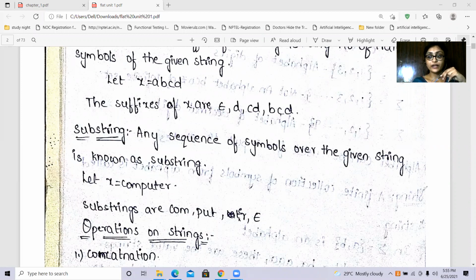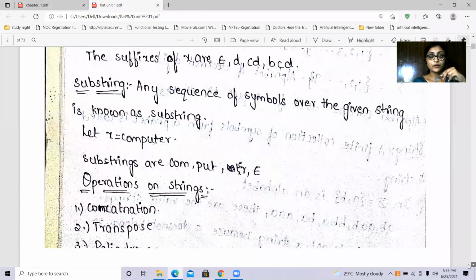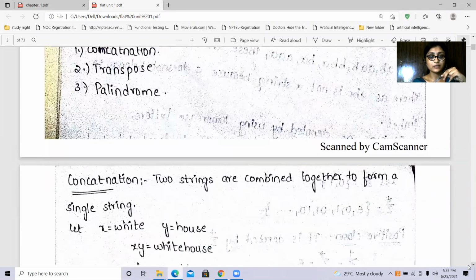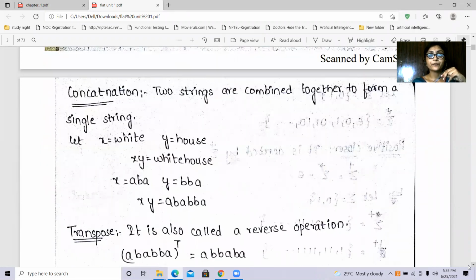And next, we go to the operations on the strings. The various operations that we can perform on the strings are concatenation, transpose, and palindrome. Let us see what concatenation, transpose, and palindrome mean. Concatenation means combining two strings. When we combine two strings, they will form a single string.